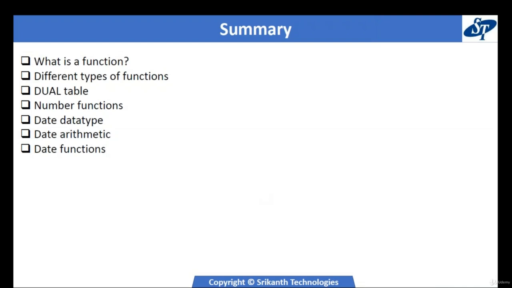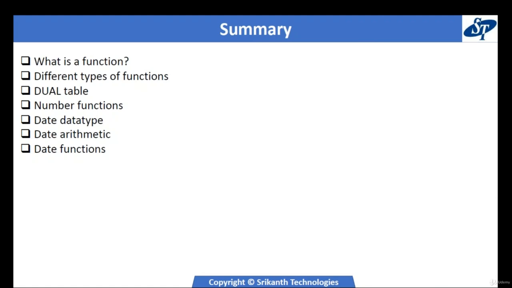So we understood a function is a set of instructions meant to perform a single task. We have two types of functions, single row and multi-row. Single row functions take one row and perform the operation. Multi-row functions take a bunch of rows. We haven't seen them, we'll see them later.